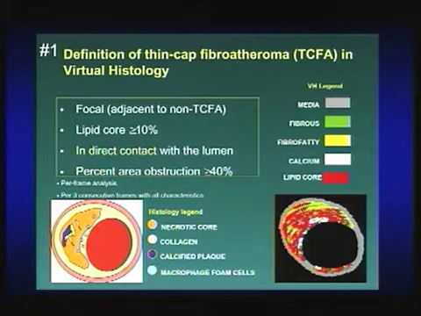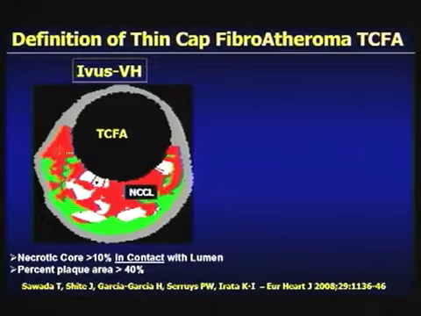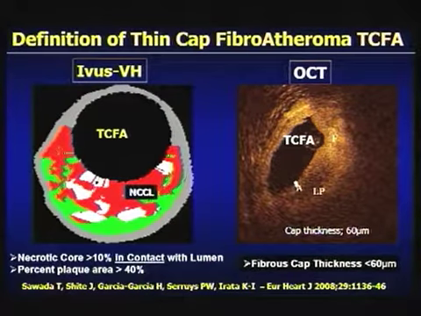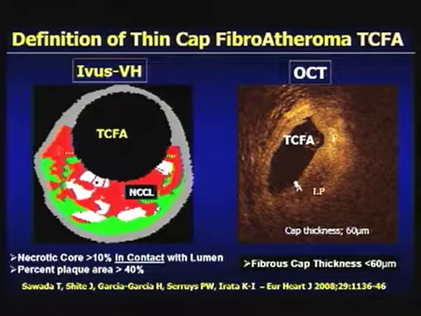Previous studies, actually in press now in very good journals, have been about the vulnerable plaque with the thick cap fibroatheroma defined by virtual histology. You can see here the classical VH necrotic core thin cap fibroatheroma, but nevertheless, the true necrotic core thin cap fibroatheroma is defined by a cap thickness less than 65 microns that can only be identified by OCT.